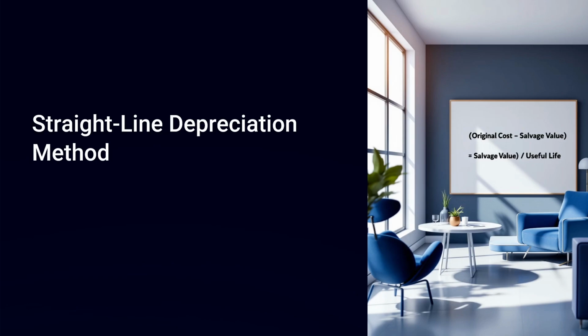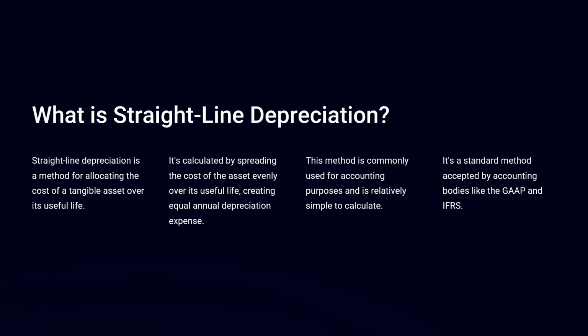Straight-line depreciation method. This is the most famous depreciation method that exists and is used by almost all companies. Straight-line depreciation is a method for allocating the cost of a tangible asset over its useful life. It's calculated by spreading the cost of the asset over its useful life, creating accrued annual depreciation.